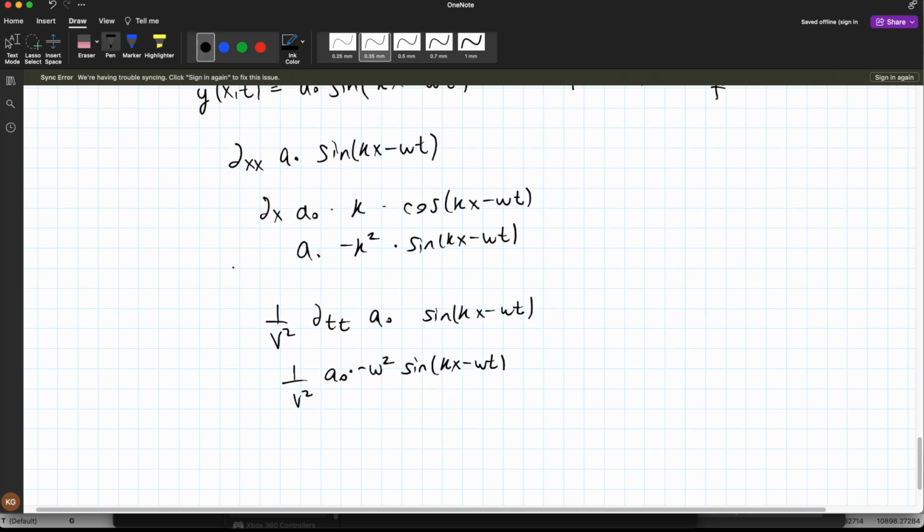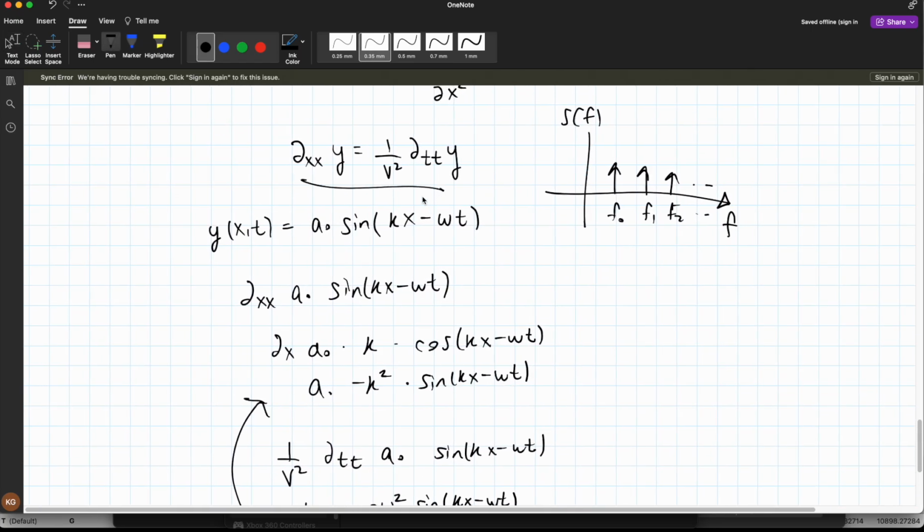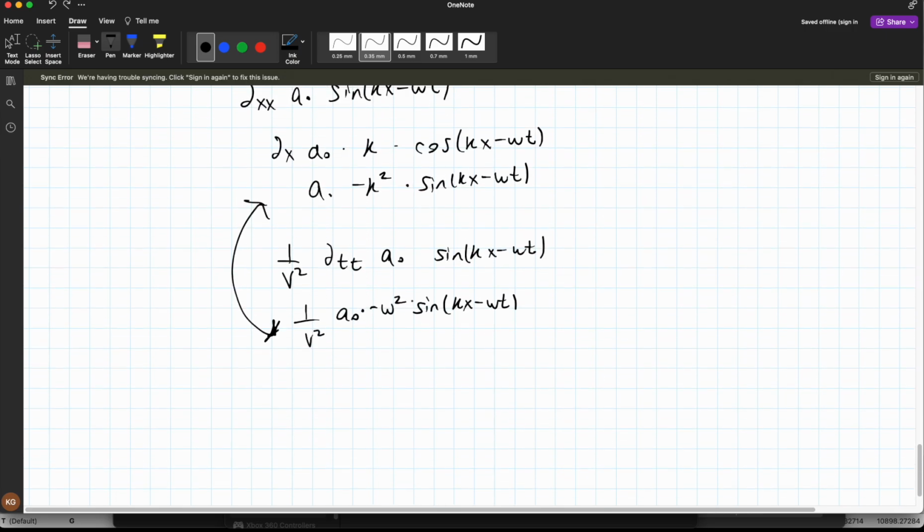And then we can just match these two up because we said over here that these two have to be equivalent. So clearly we have sine matching with sine. Okay, those are equivalent. A naught matches with a naught. And maybe it just helps if I write this down. It's a naught minus a naught times k squared times the sine of all that stuff is equal to minus a naught omega squared times sine of all that stuff.